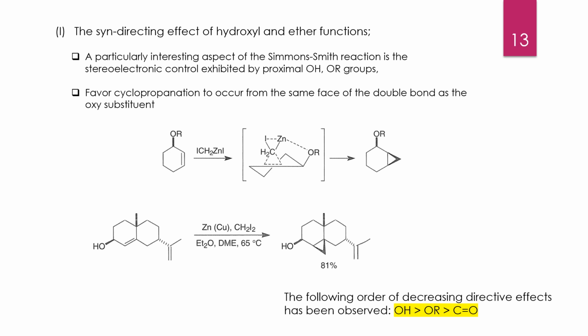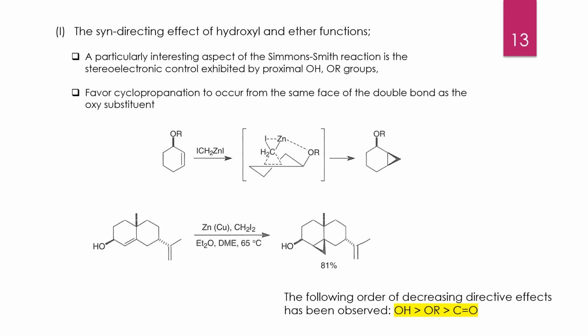This coordination favors the cyclopropanation to occur from the same face of the double bond as the oxysubstituent. What does that mean? If the oxysubstituent is below the plane, then the cyclopropane ring would form below the plane. If it is above the plane, the cyclopropane ring is formed above the plane. Simple.